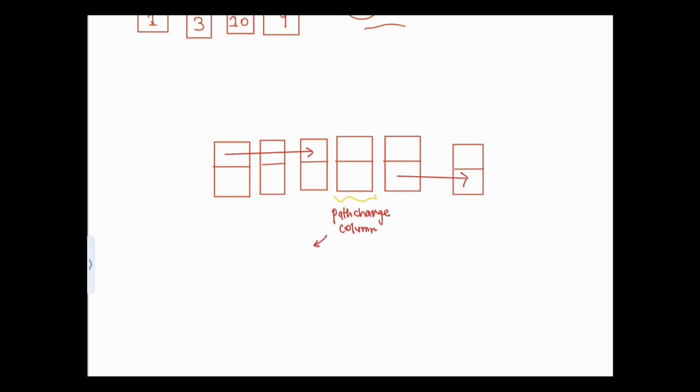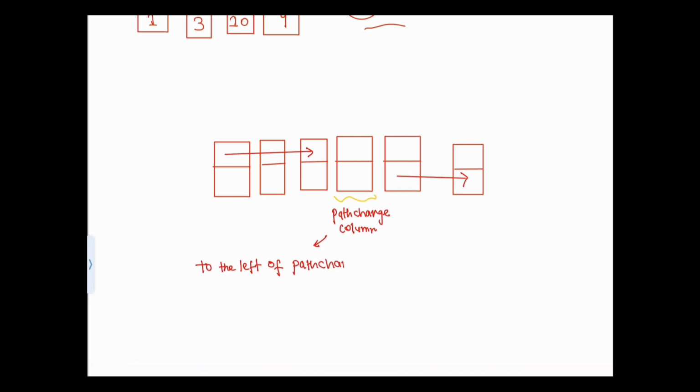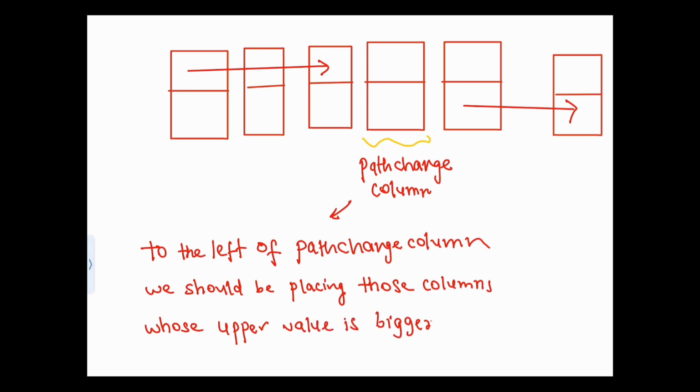So we can say that to the left of the path change column, we should be placing those columns whose upper value is bigger than lower value.